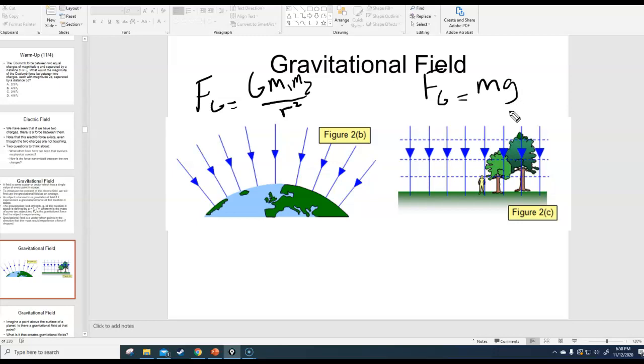And so that's why these two situations look different. But the point I'm getting at is this. If I take, let's say, a rock out of my pocket, and I put it up in the air, and I let it go, it's very obviously going to experience a gravitational force. Now, of course, even if I don't let it go, it's still going to experience a gravitational force. Okay, the concept of the field is this.